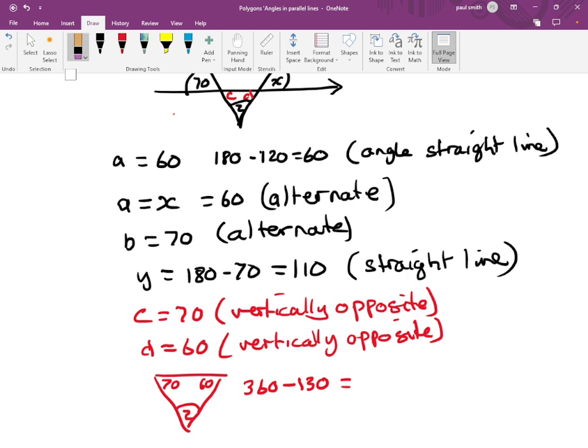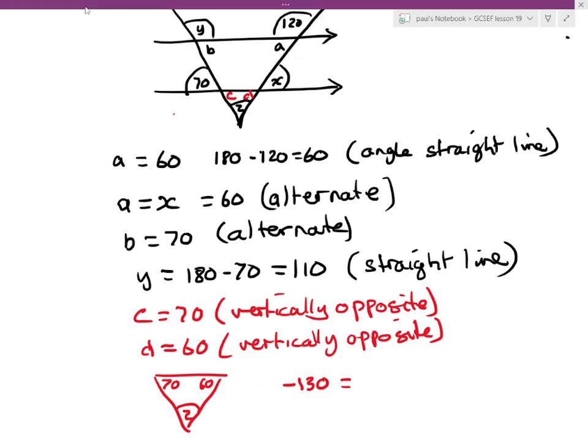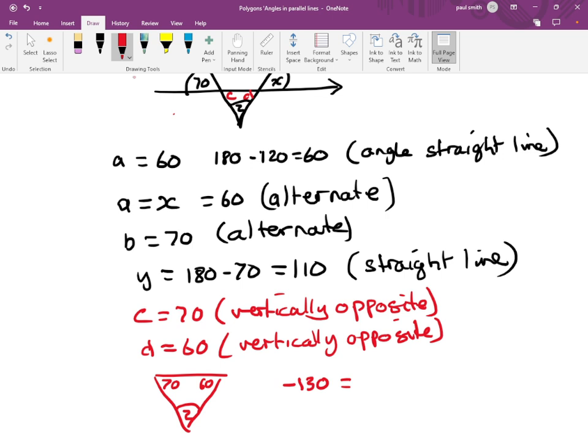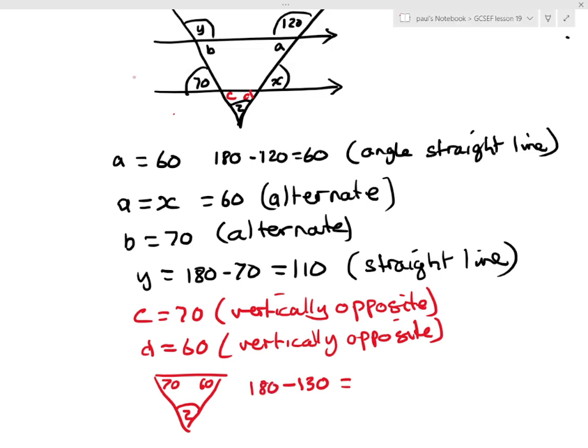That'd be far too big. 180 minus 130 is 50, and the reason for that is angles in the triangle add to 180, not 360 as I wrote down just now.